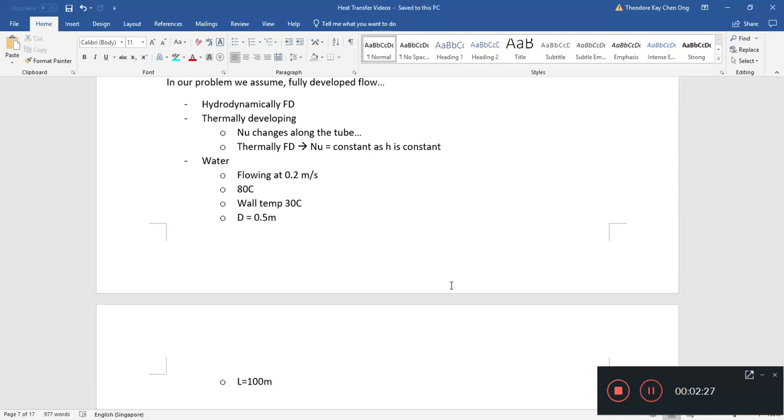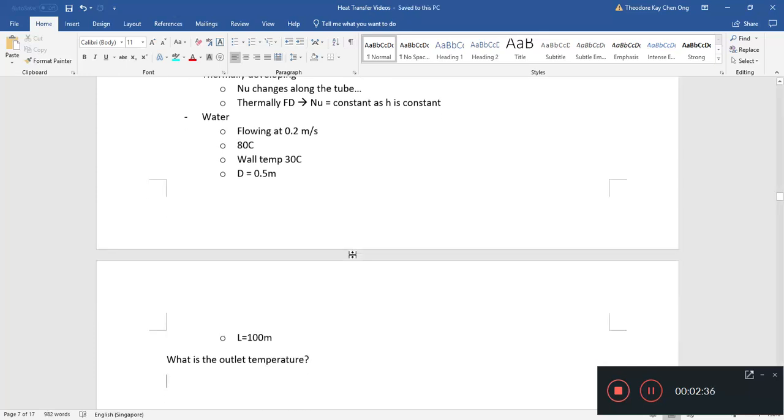So what is the outlet temperature? Water flowing in at 0.2 meters per second in a 0.5 meter tube.